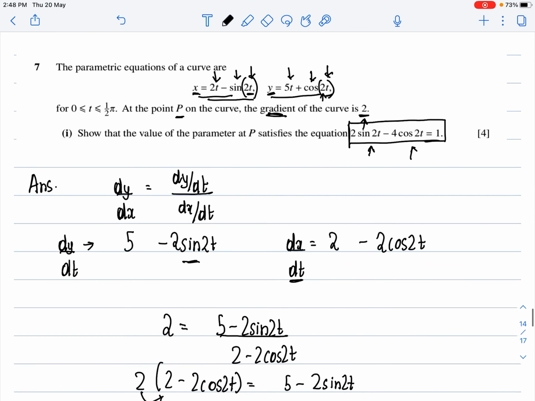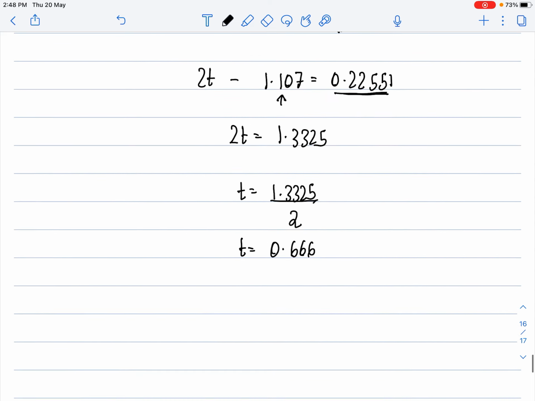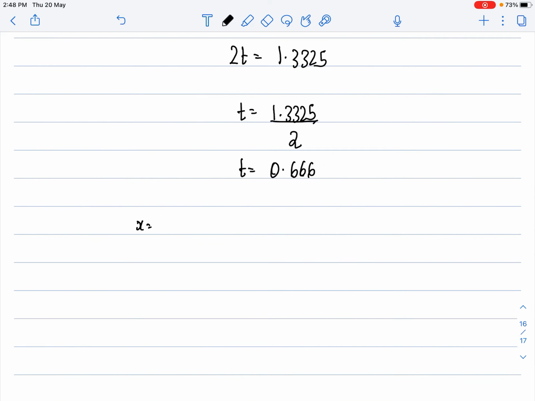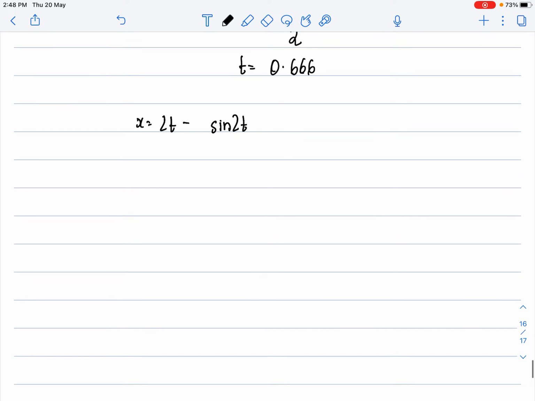I know x is basically 2t minus sine 2t. So x is equal to 2t minus sine 2t. Now I can write this as x equals 2 into 0.666 minus sine of 2 into 0.666.